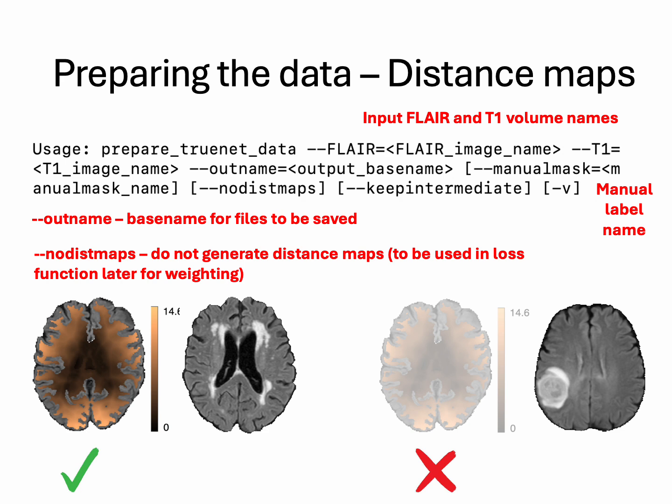And we do have an option called no dist maps. As we saw in the loss function slide, we use the distance maps to scale the loss function for a better loss.